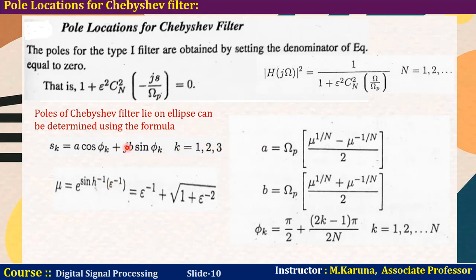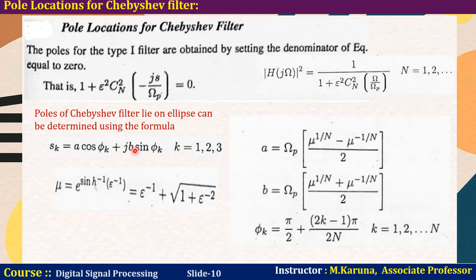So from this equation we can write a equal to omega p into (mu^(1/n) minus mu^(-1/n)) by 2, and b equal to omega p into (mu^(1/n) plus mu^(-1/n)) by 2. So what is mu? Mu is given as epsilon inverse plus root over 1 plus epsilon raised to minus 2.